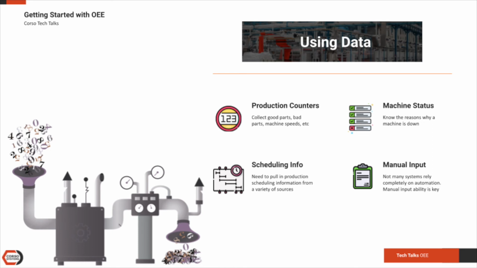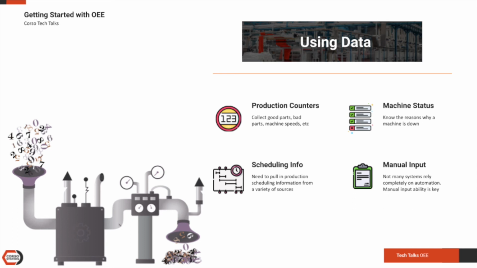Or maybe the real story here is that our scheduling information is not efficient, and we're scheduling our production runs from data from ERP that is not allowing us to be really agile, and it's causing some bottlenecks for us on the manufacturing floor.